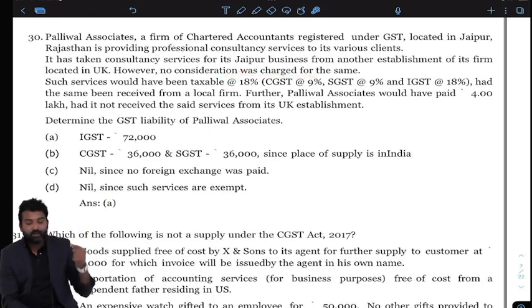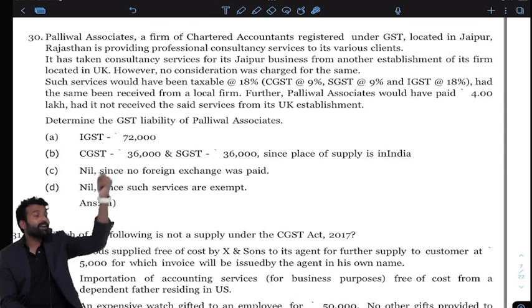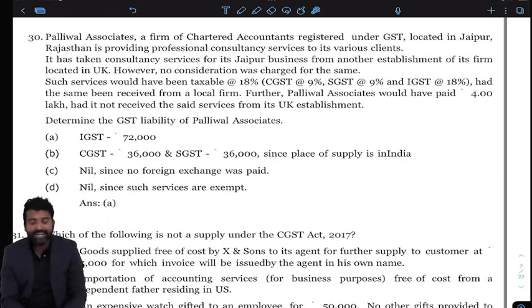Where will it attract GST, under which section: section 7, 7(1)(a), 7(1)(b), Schedule 1, Schedule 2, Schedule 3? GST will be applicable in this Schedule 1. Yes.